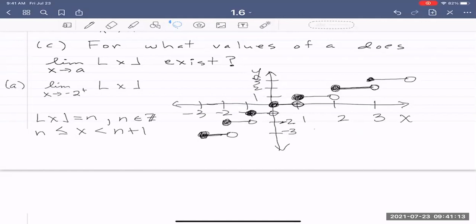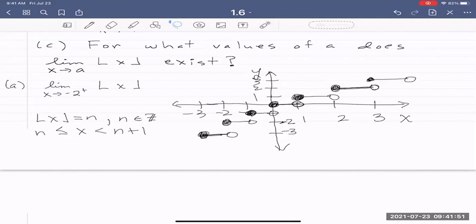If I approach 2 from the left side, the y value is always 1. So it's always going to be 1 less. If I approach negative 2, then I'll get negative 3.